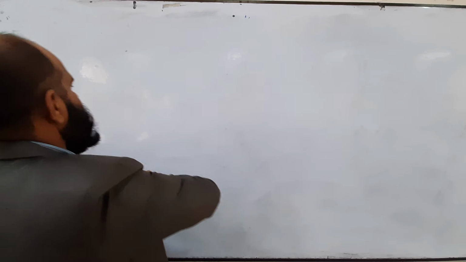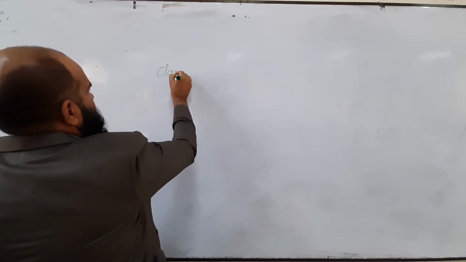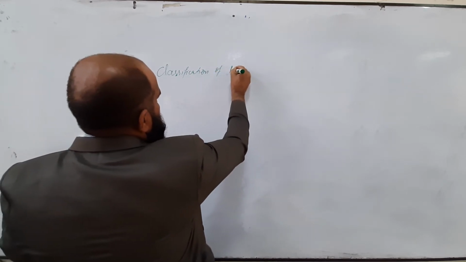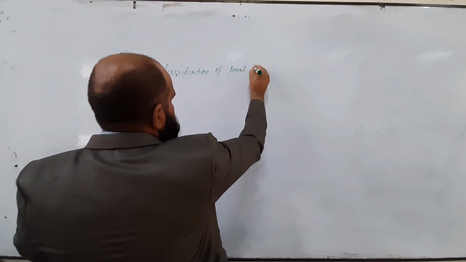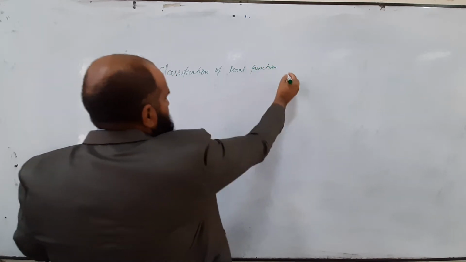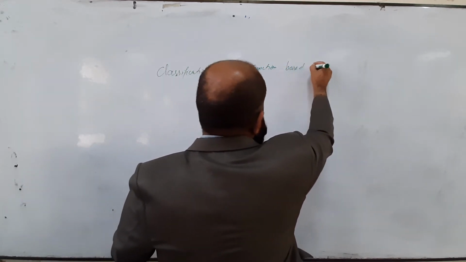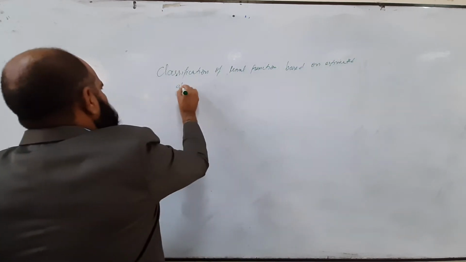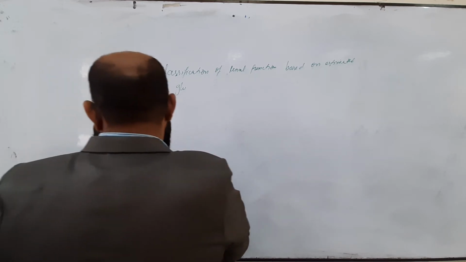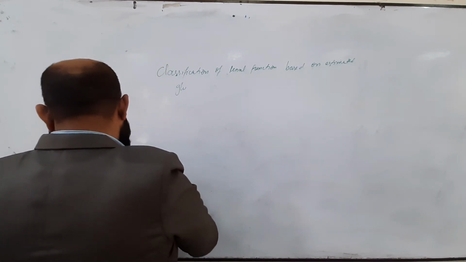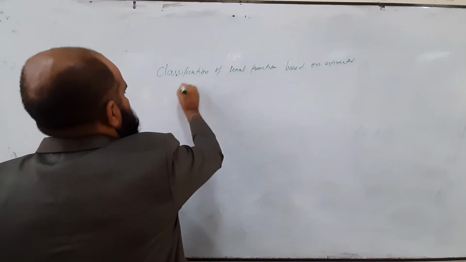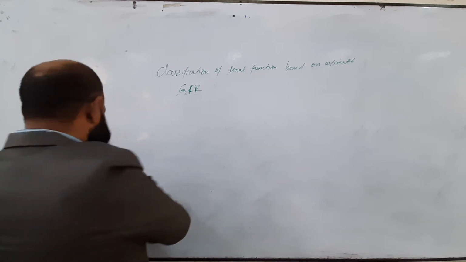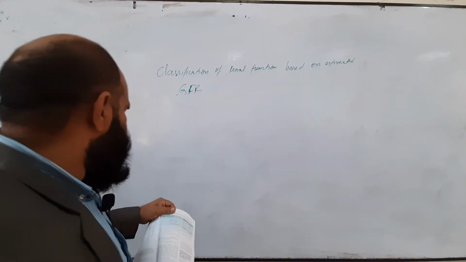Classification of renal function based on estimated glomerular filtration rate. There are 5 stages.